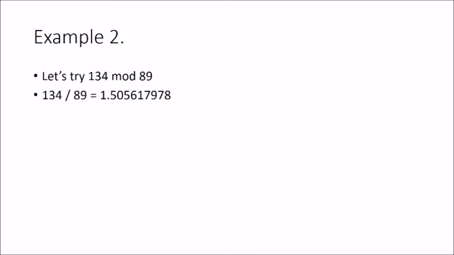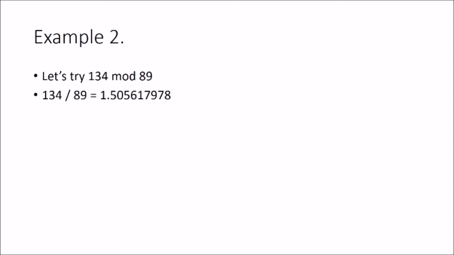Another example with some bigger numbers. Every time you have a modulus question, you don't have to draw a clock or go through all the boring stuff that we've been saying above. You can just use a trick to find the mod of the two numbers. So for example, we have 134 divided by 89. This is what you get from the calculator.